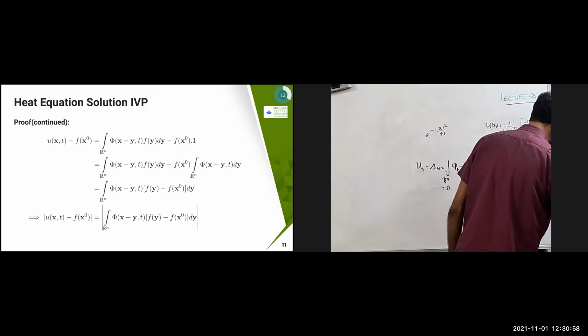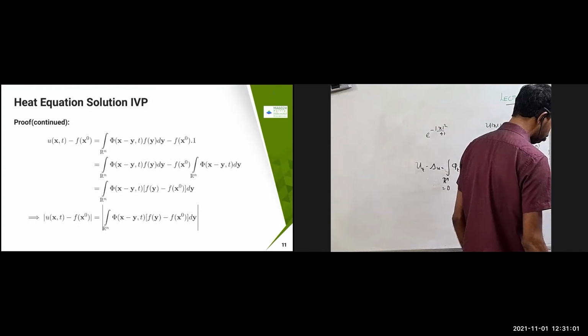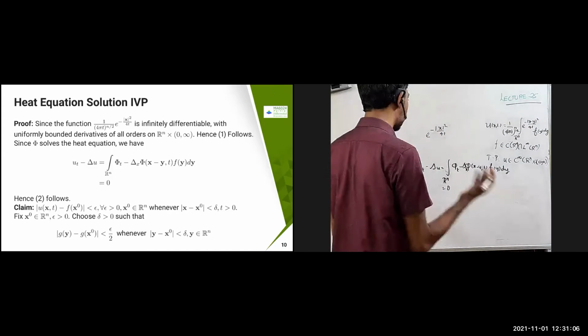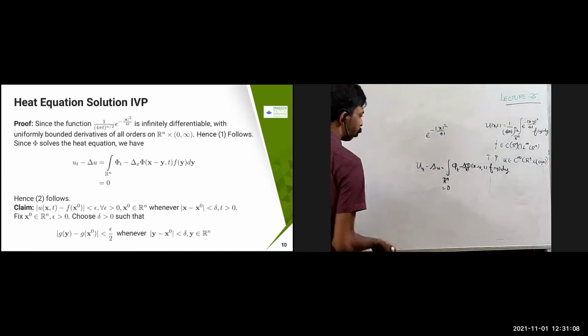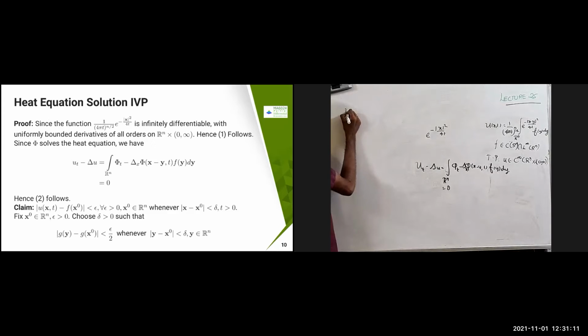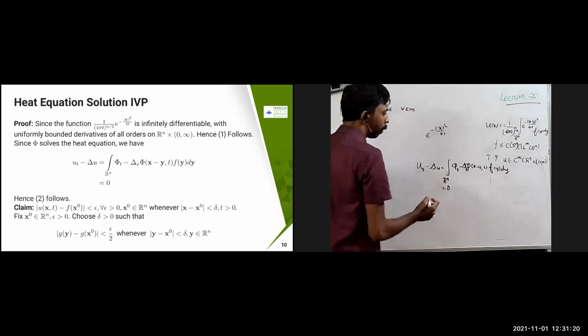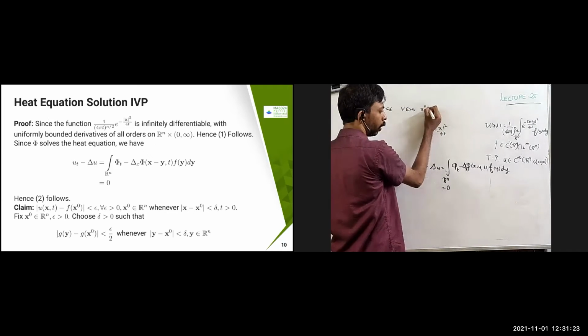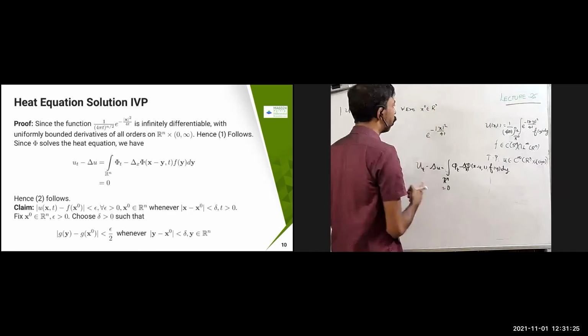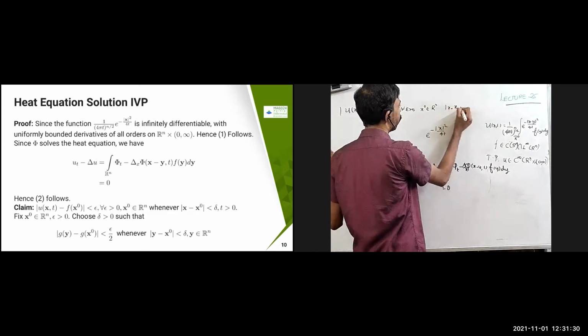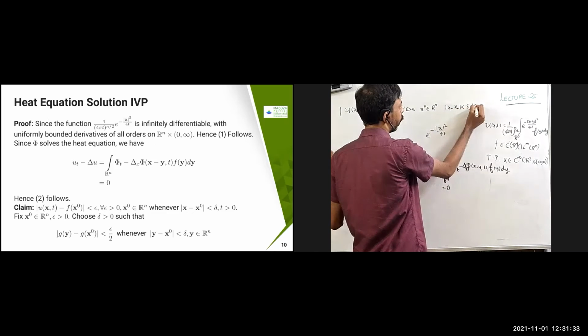So in order to prove that, as a convergence definition, whatever we used to do, same kind of thing. What I need to claim is that modulus of u of x comma t minus f of x naught is less than epsilon for all epsilon greater than 0, and for all x naught in R power n, whenever modulus of x minus x naught is less than delta and t greater than 0.